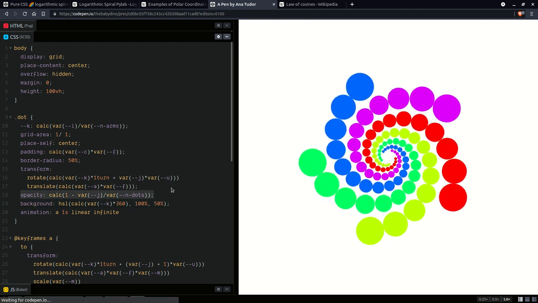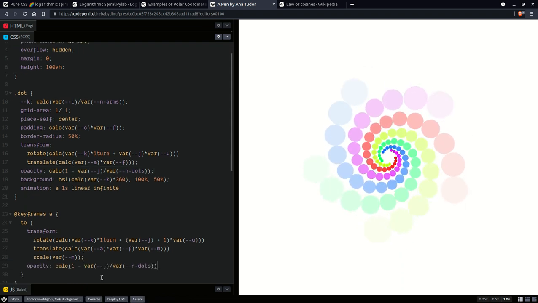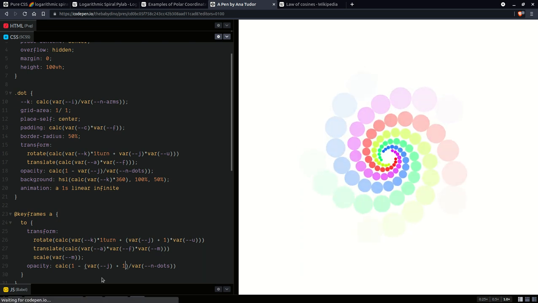And here we are going to have j+1. So you can see how the last one, we just have that one dot just appearing there.